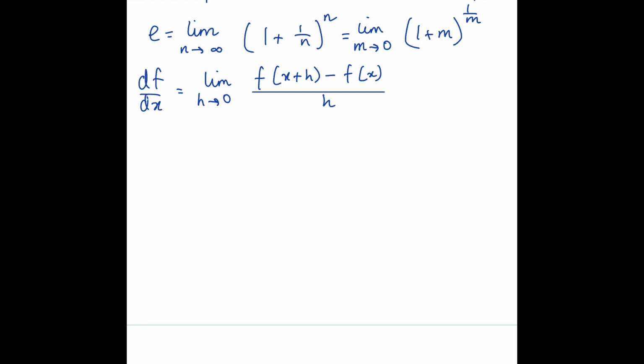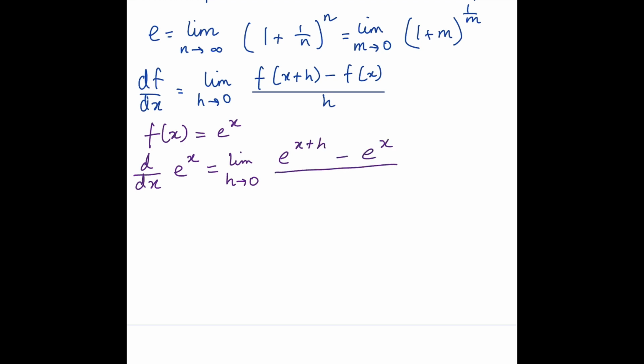Let's say our function f of x is e to the x. So, as we take the derivative of the function, so d by dx of e to the x, when we differentiate from first principles, we're going to get the limit as h tends to 0 of e to the x plus h minus e to the x over h.